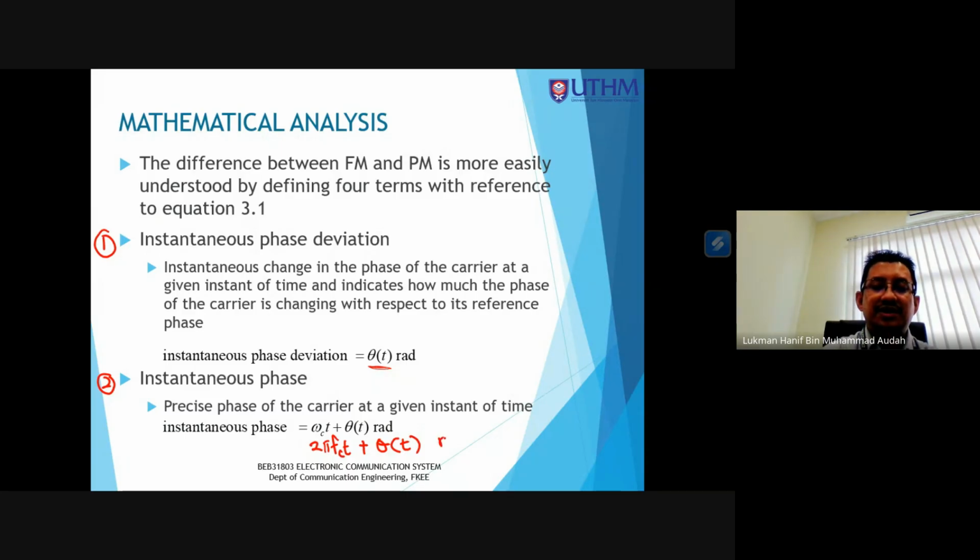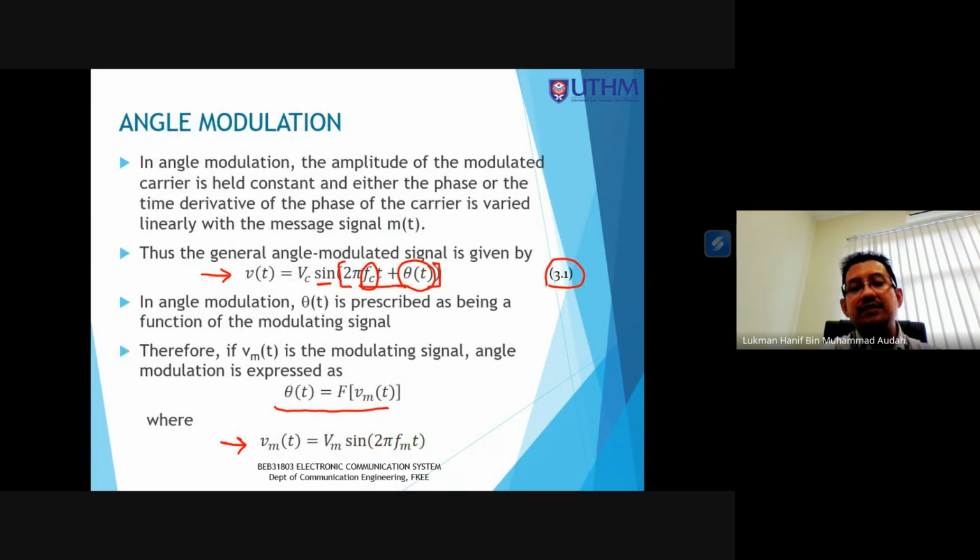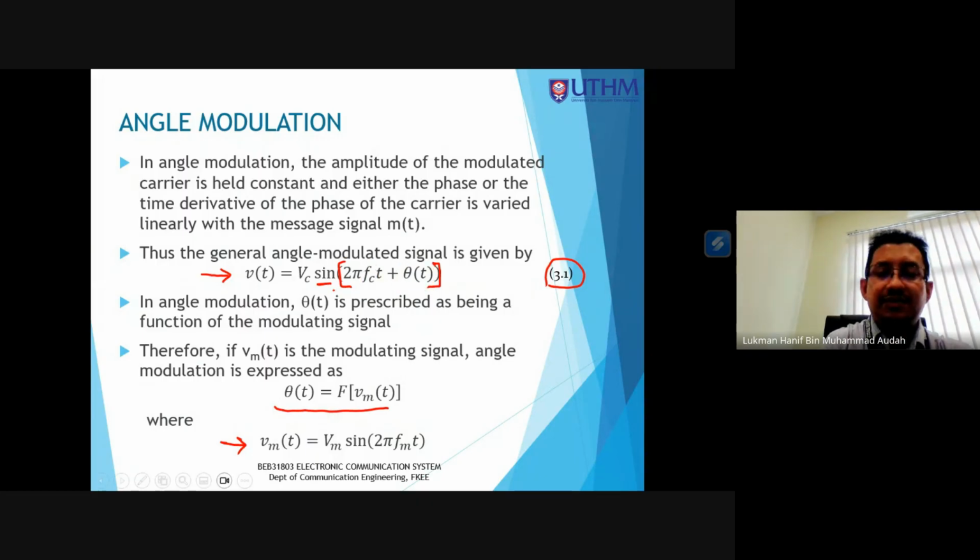The unit is in terms of radians. So if you see the general equation here, 2 pi fc t plus theta(t) is actually the instantaneous phase. All the things in the bracket here is what we call as the instantaneous phase.